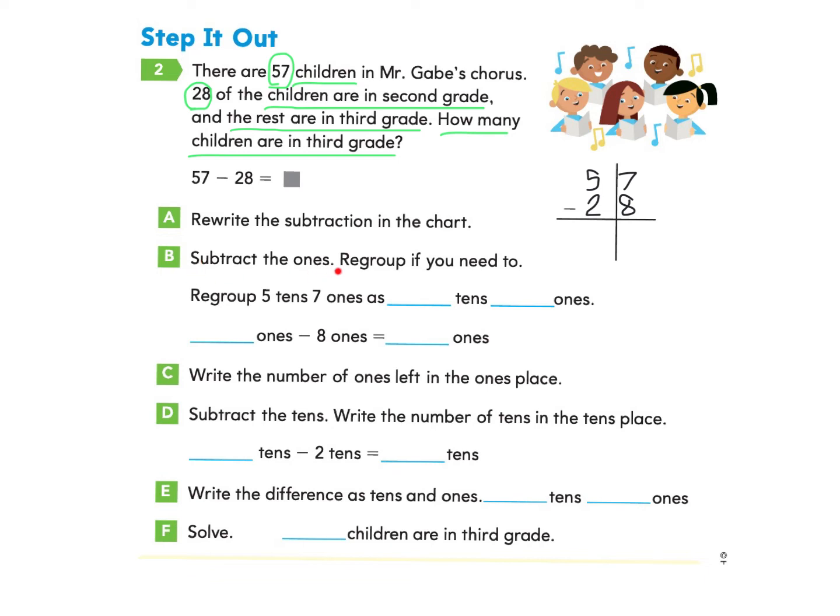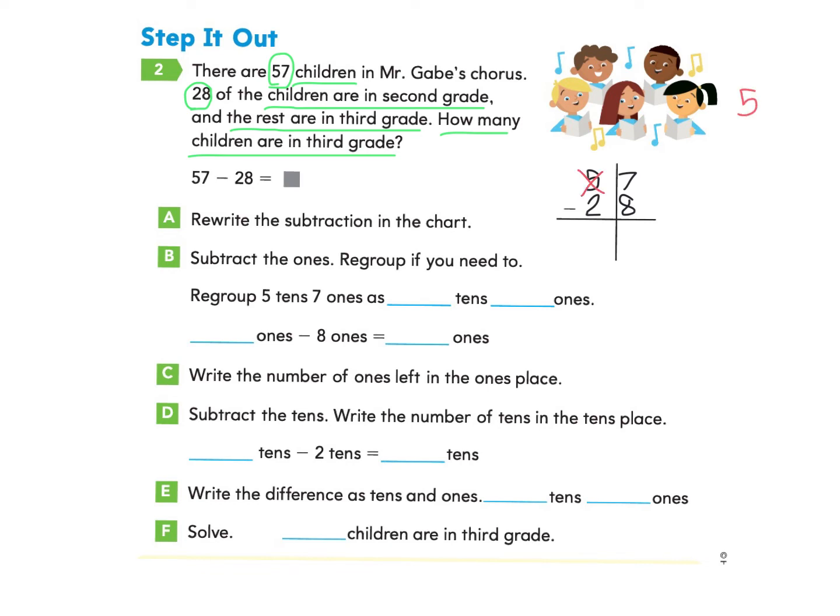Subtract the ones, regroup if you need to. So here we have 7 ones, take away 8 ones. Well, we're not able to do that, so we're going to need to regroup because 7 is smaller than 8. Okay, so we're going to go over to our 5 tens, and we're going to take one of those 5 tens.